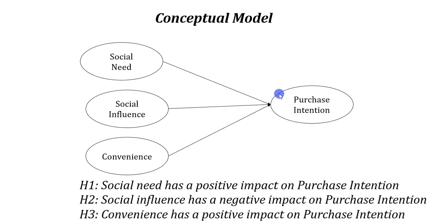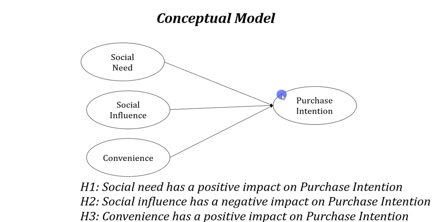So now I have to see whether these hypotheses that I generated earlier are supported or not supported, right? So now I have to see the result of the regression, and based on that regression I will conclude whether the hypothesis I generated is supported or not.